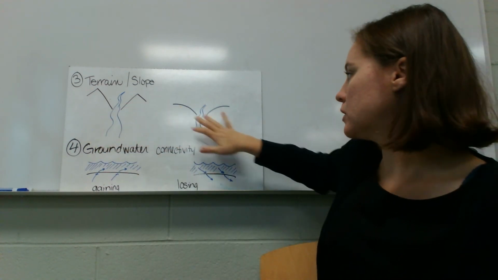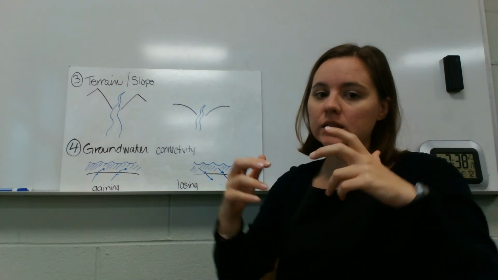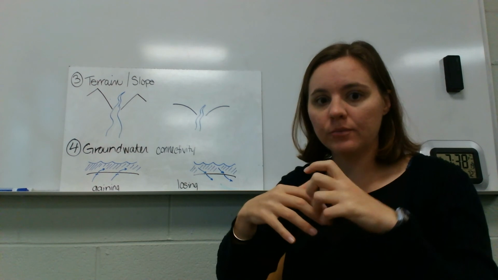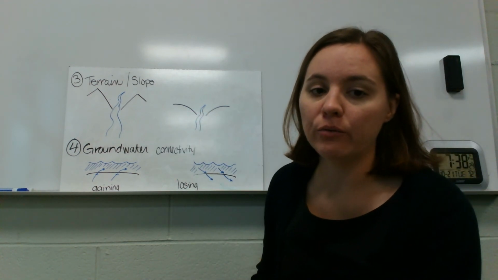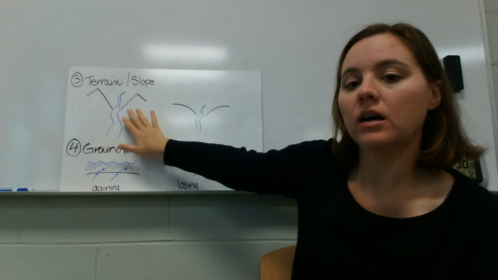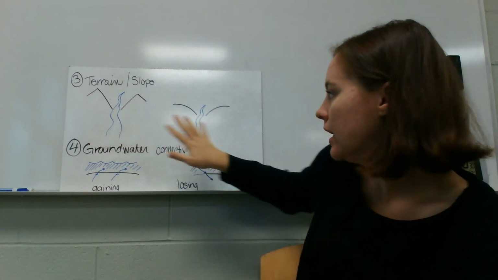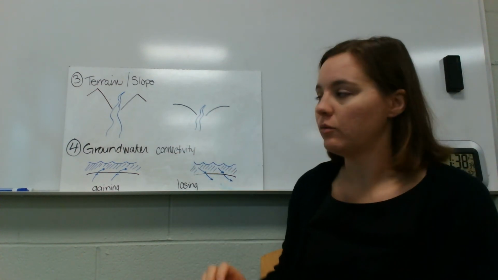If the slope is really low, then gravity doesn't have much effect, and so the water is just going to kind of trickle on down into the stream, and your stream size is going to stay pretty constant even with rain events. So here you're going to get a pretty spiked increase with rain events, and then here we have a pretty constant water flow even with rain events.